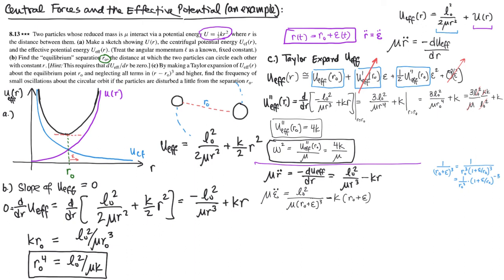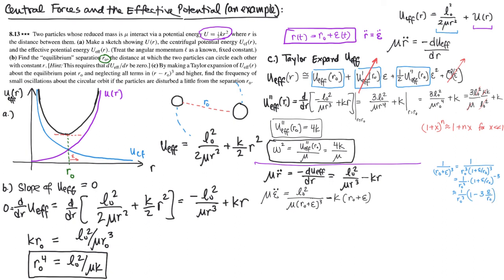And here we can use the binomial expansion, that (1 plus x) to the n is approximately 1 plus nx for x much less than 1. So in that case, the approximation becomes 1 minus 3 times that ratio.